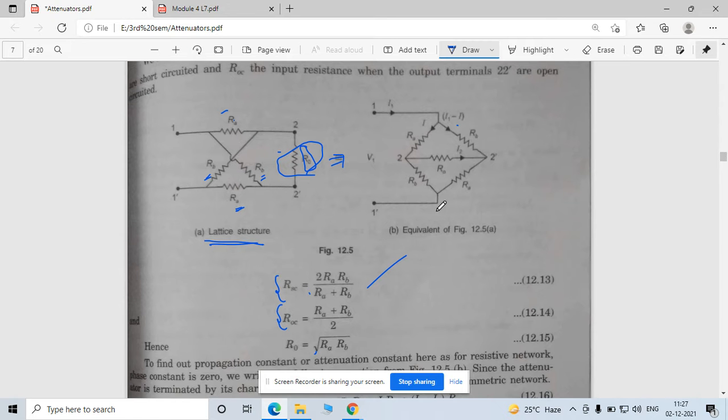For the second condition, the equivalent resistance for this network is Ra plus Rb divided by 2, because this is open circuited. So these vertical branches are parallel to each other.